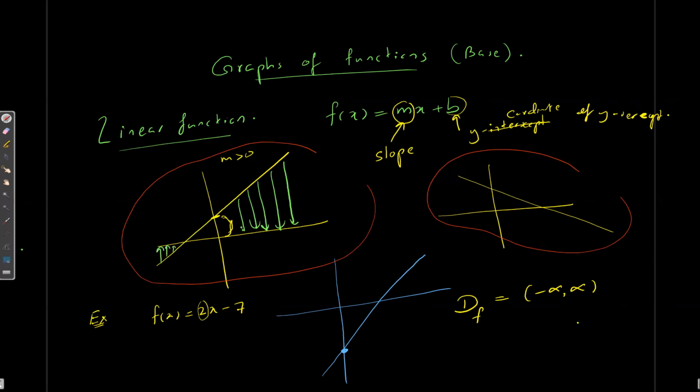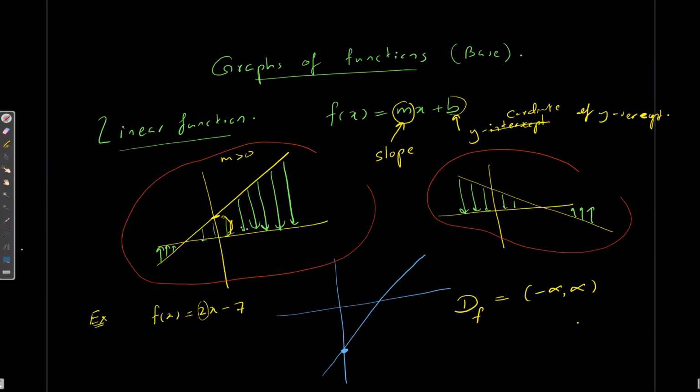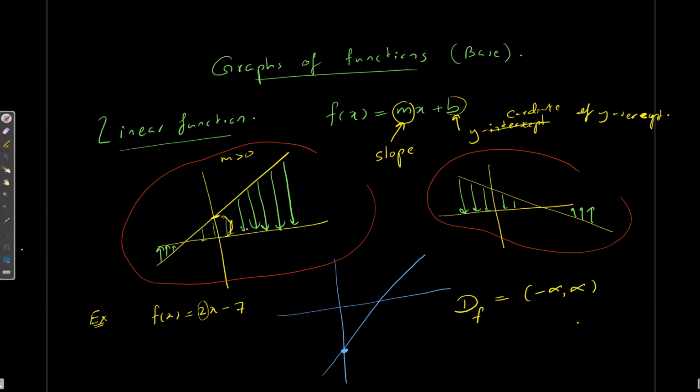Here you have to project in this case like this and like this. So the shadow of your graph upon the x-axis is all of the x-axis. That's why the domain is all real numbers.